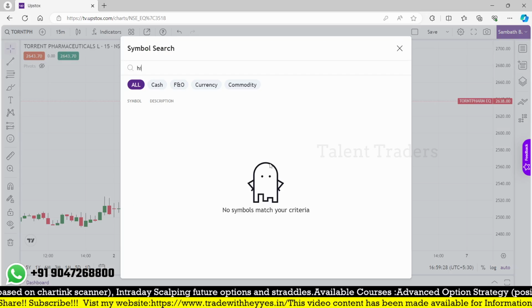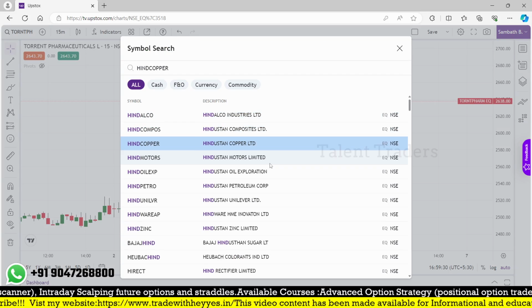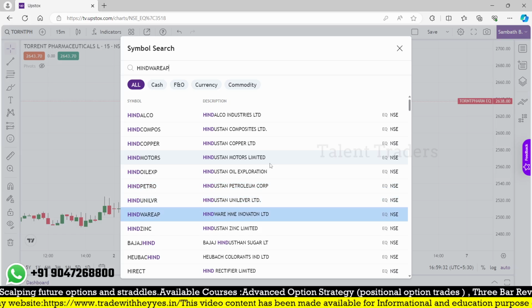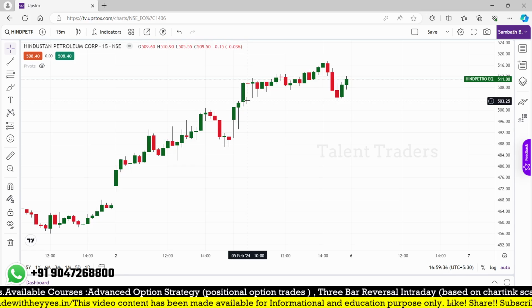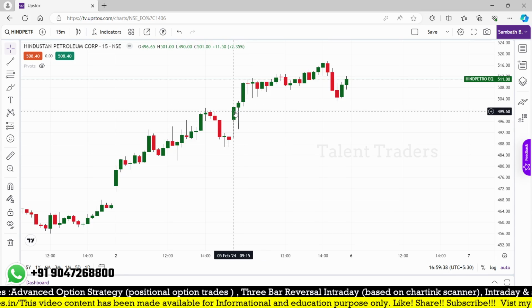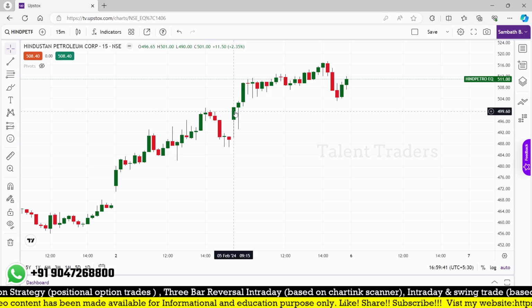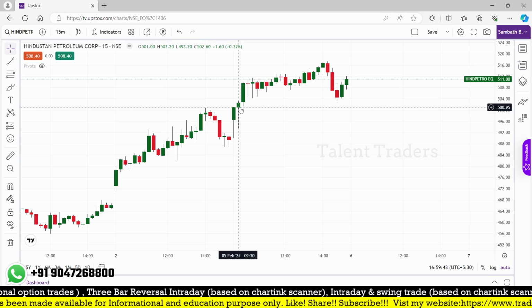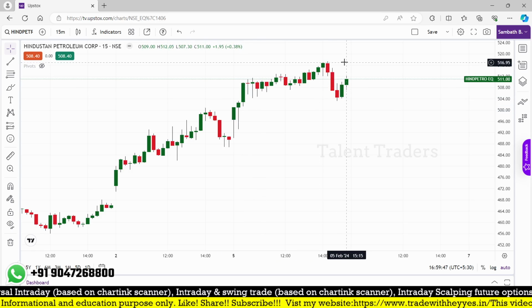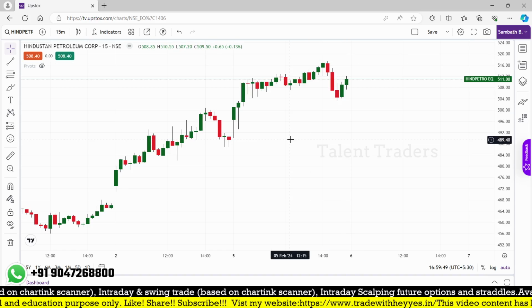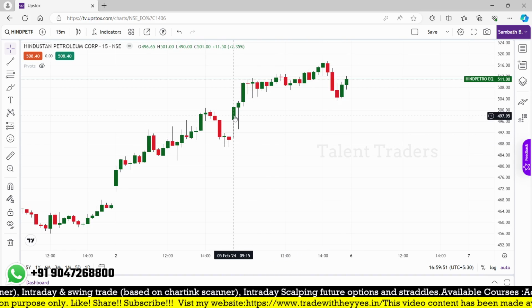One more stock, Petronet, was the same thing happening on the scanner. The first candle was 496, 490, 500. We were looking for a break of 501, and after 501 it went up to 510 and 516 as well. So how do we find such a scanner?